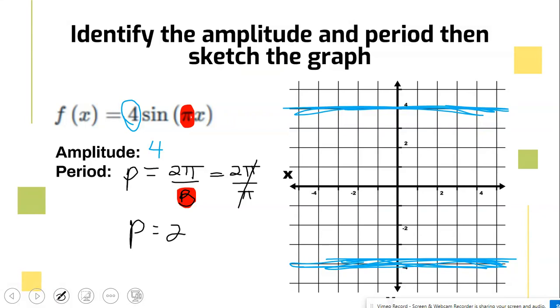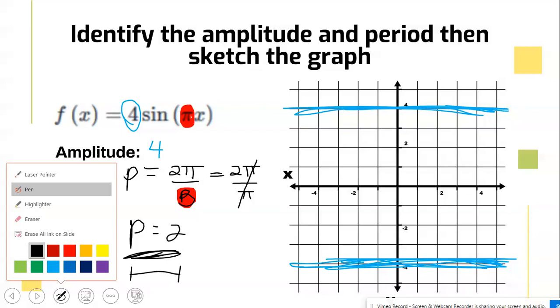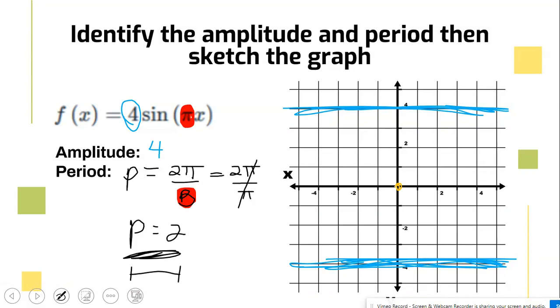So remember, the reason why we care about the period is that's the length. The length of our curve. So that means we have to finish our entire graph of one cycle of sine from 0 to 2.